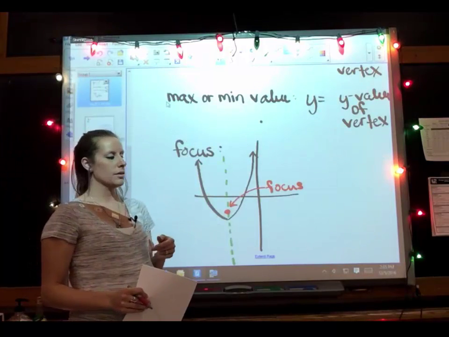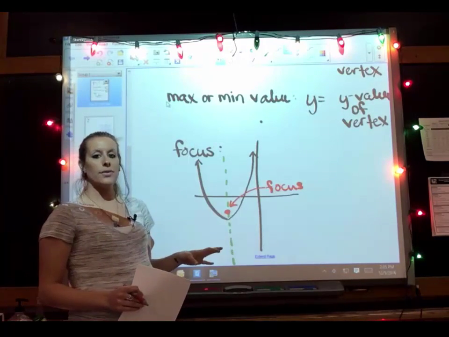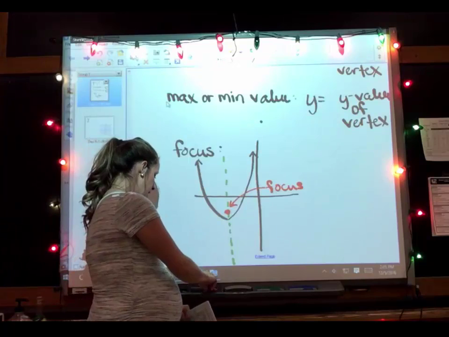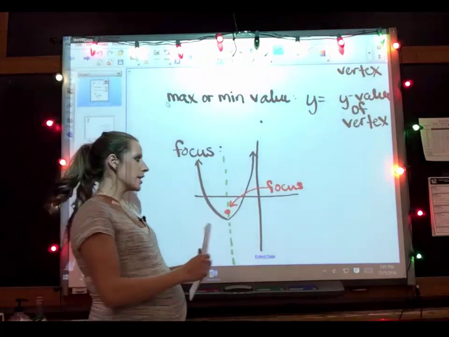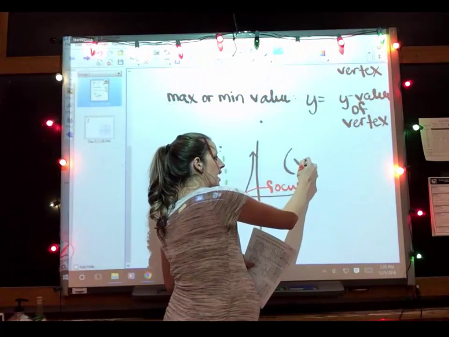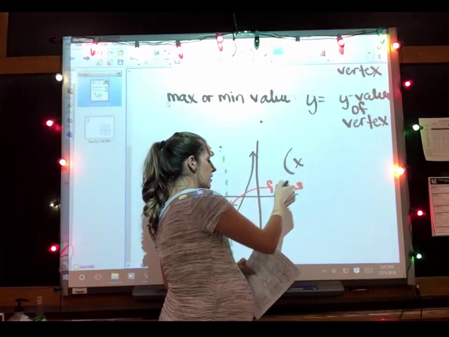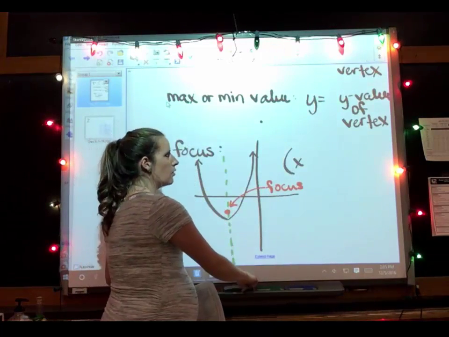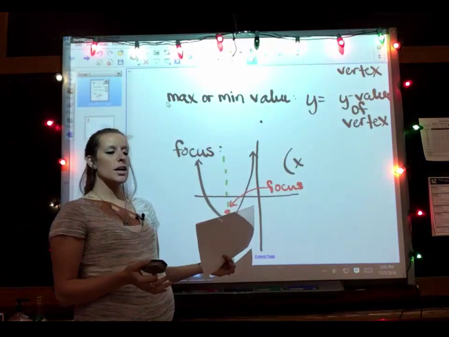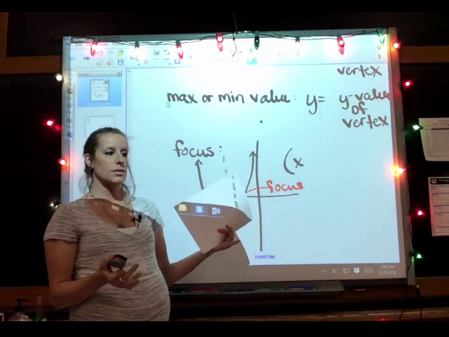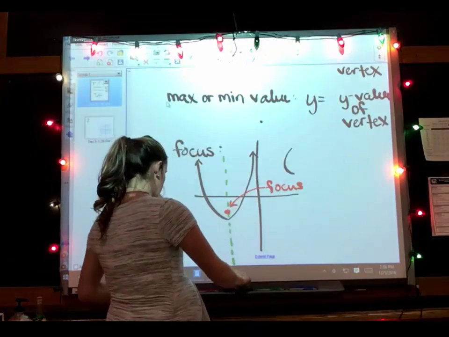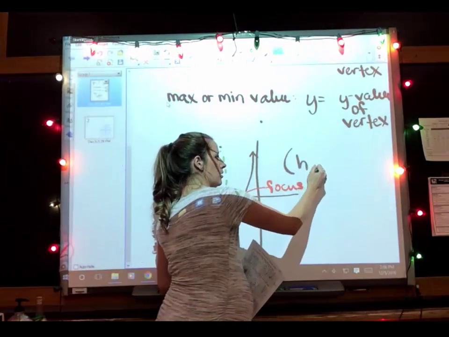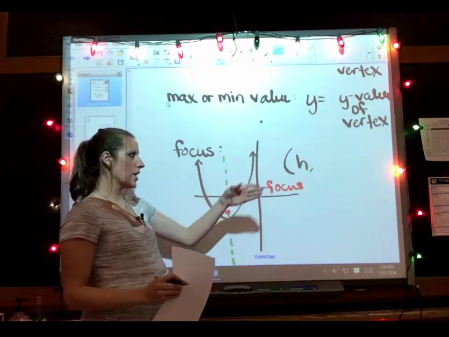Now the way you find the focus, since it's on the axis of symmetry, it's going to have the x value of your vertex. Whenever we talked about yesterday the vertex being (h, k), I'm going to put h here just so you know it's the x value of your vertex.